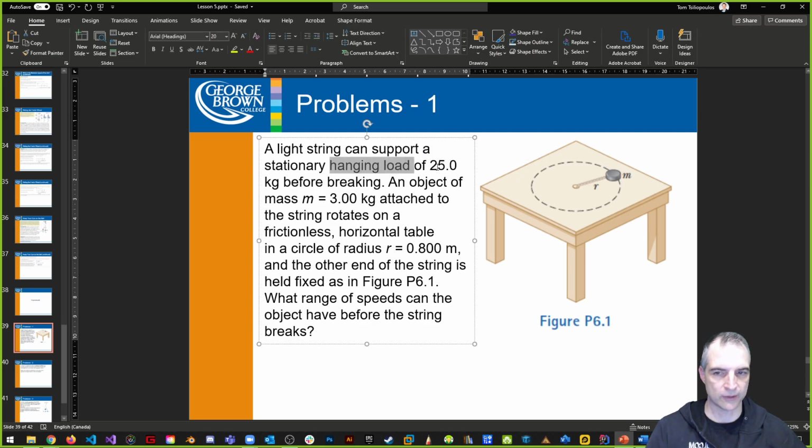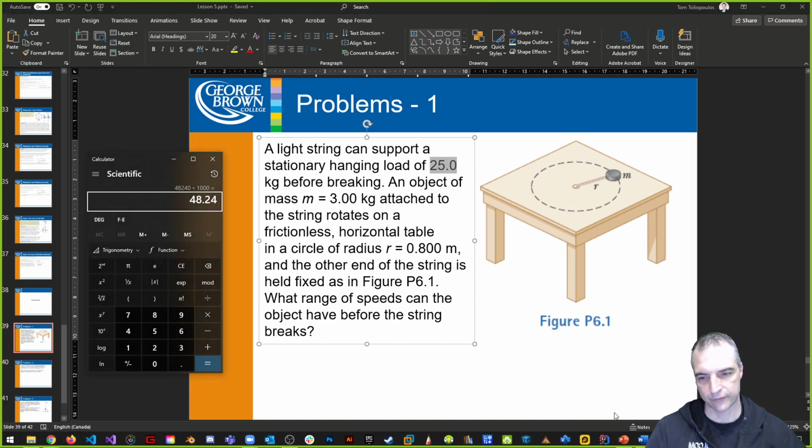Hanging load means that when I apply gravity to the mass, just before breaking, that is my maximum load, 25 kilograms. Because force is equal to ma, I take 25 kilograms and multiply it by 9.8, and the maximum force I can experience on this string is 245 newtons.